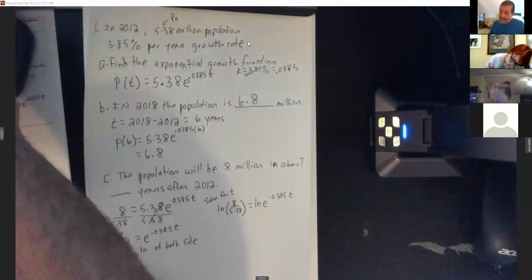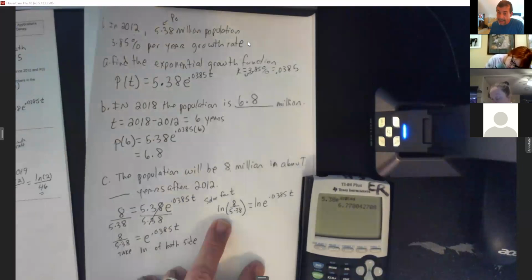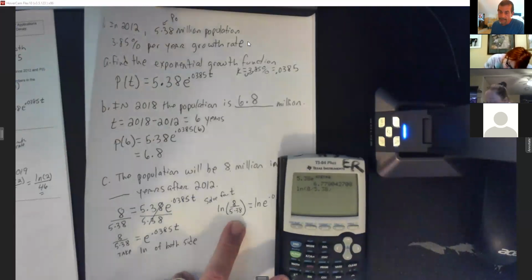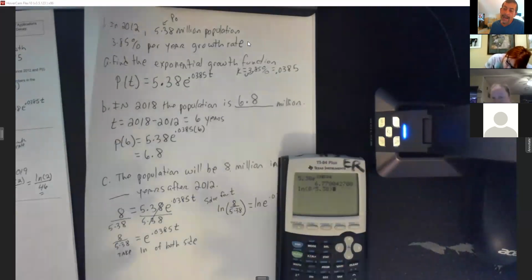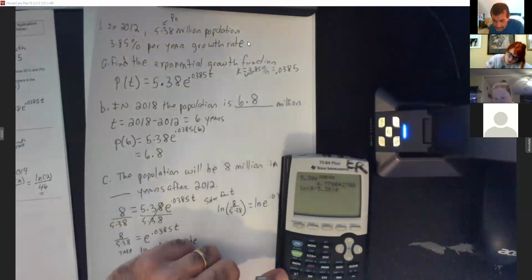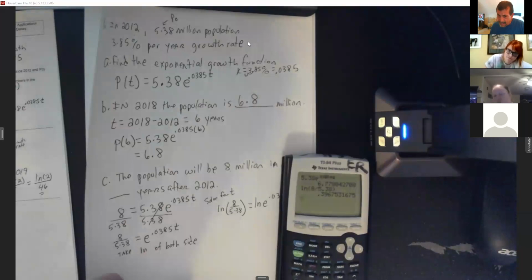So now I'm going to do the left side. I'm going to do my ln of 8 divided by 5.38, close parentheses. The reason I wait to divide is because if you divide before you do the ln, you're going to lose accuracy if you don't bring all them digits with you, okay? So if I divide after I take my ln, then I get 0.3968.